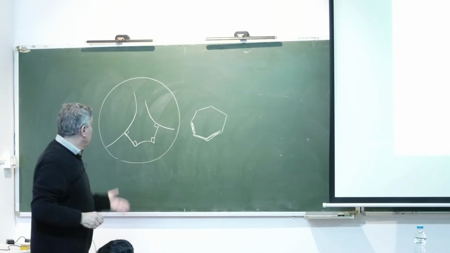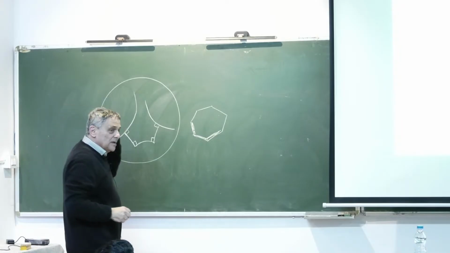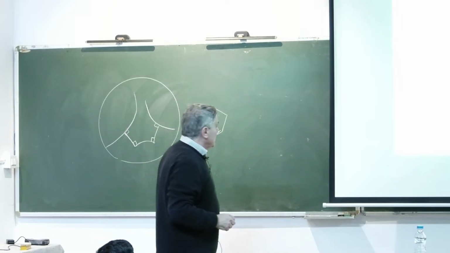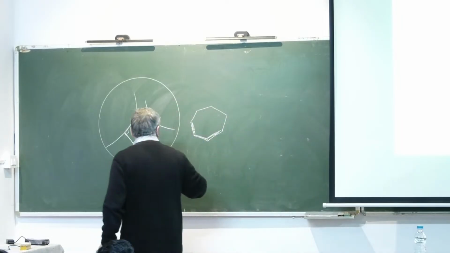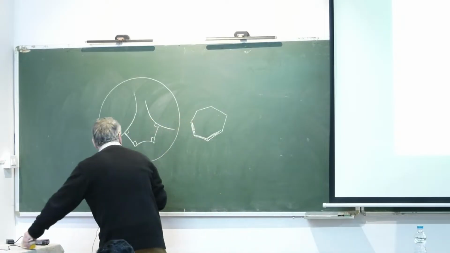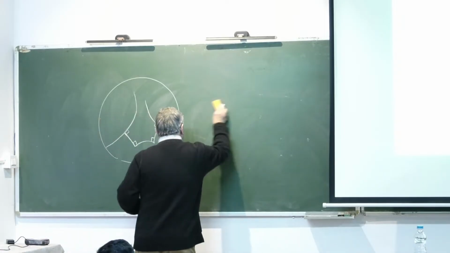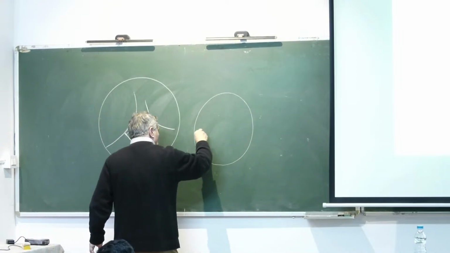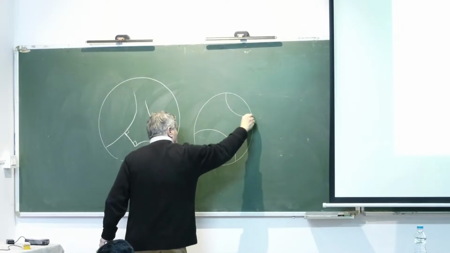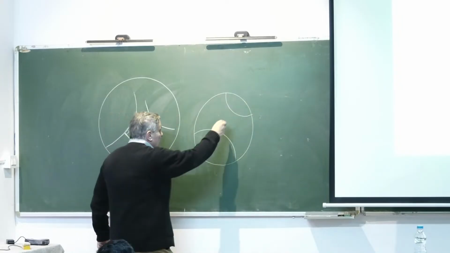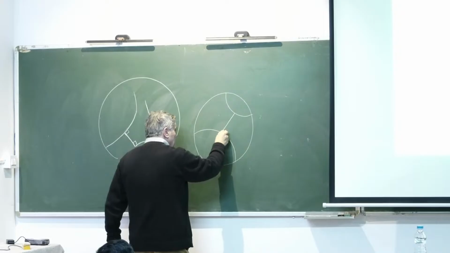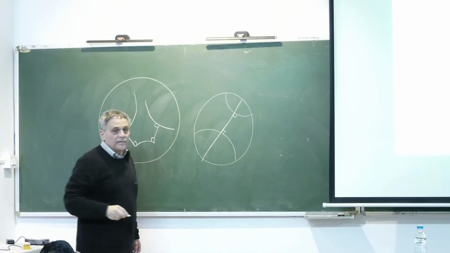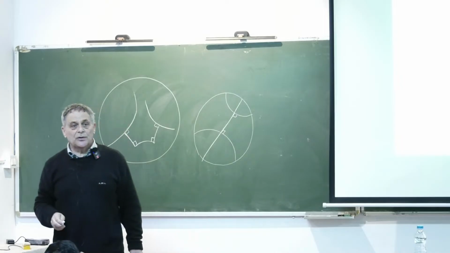And now, something which I didn't tell you, but you must know in hyperbolic geometry. When I have two lines, 1 and 2, there's a unique line, a unique geodesic, which is perpendicular to both of them.